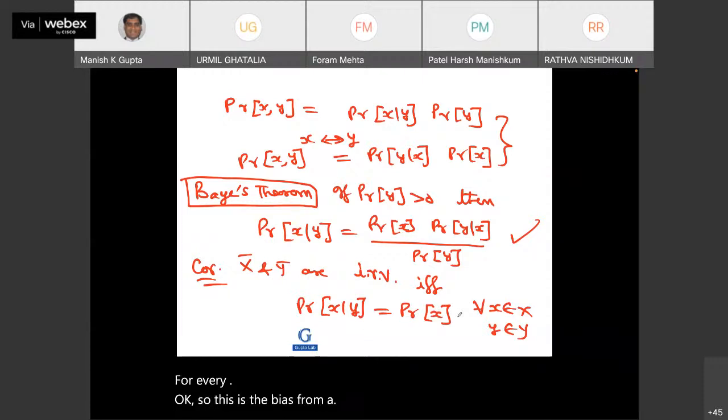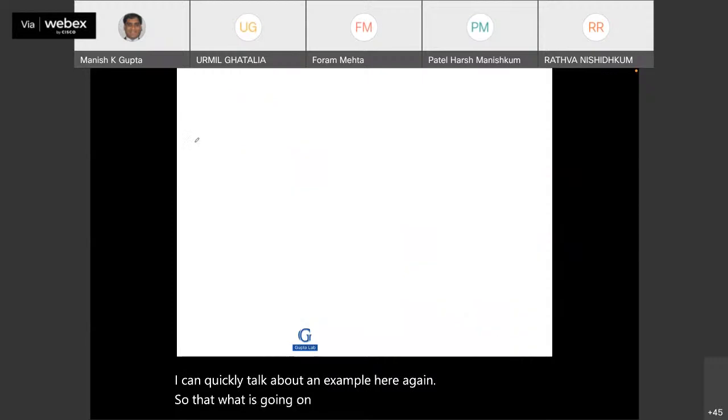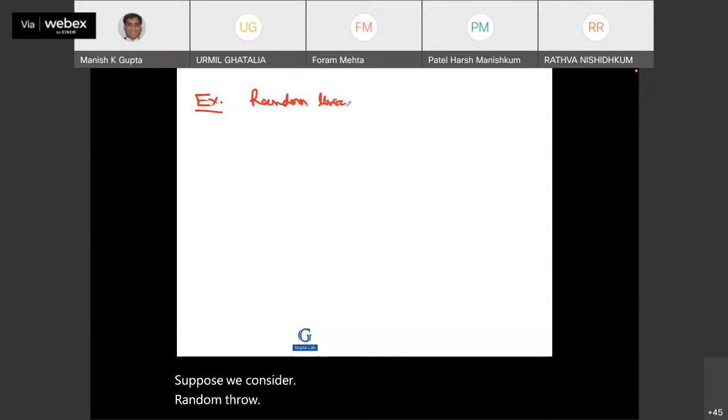I can quickly talk about an example here again so that you know what is going on. Suppose we consider a random throw of a pair of dice.